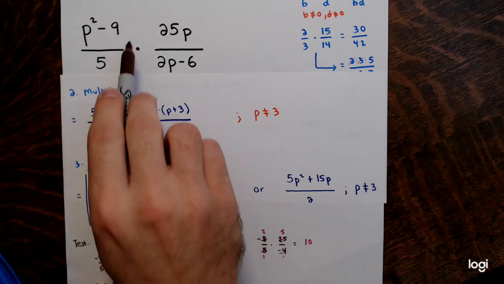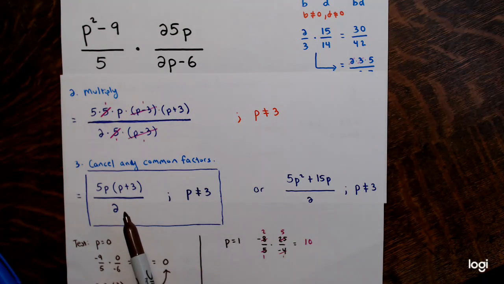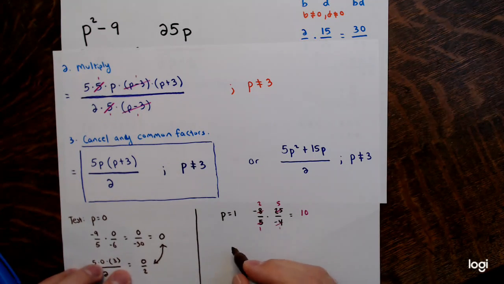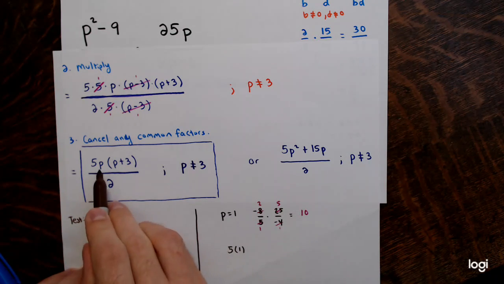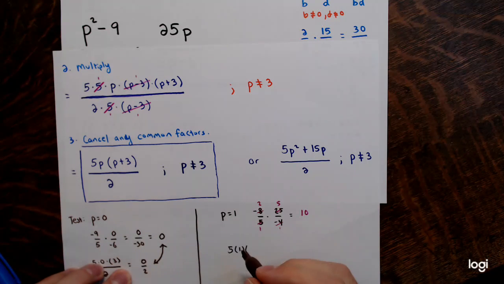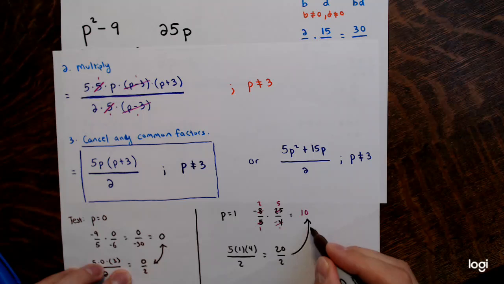Alright, so that's checking the original. Well, how about what we said it simplified to? How about this fraction here? Let's plug in 1 for p, and hopefully we get 10 again. So this is 5 times p, so 5 times 1 times, and then this other factor is 1 plus 3, that's 4, and then the denominator is 2. 5 times 1 times 4 is 20, and then divided by 2 is indeed 10.